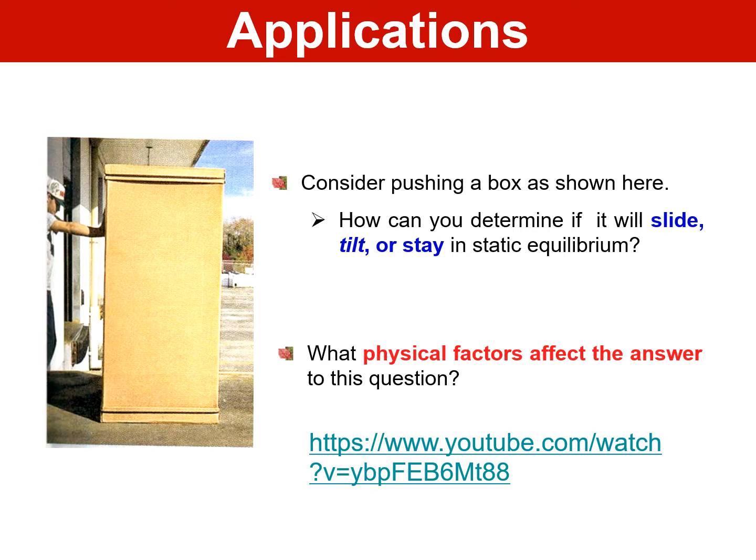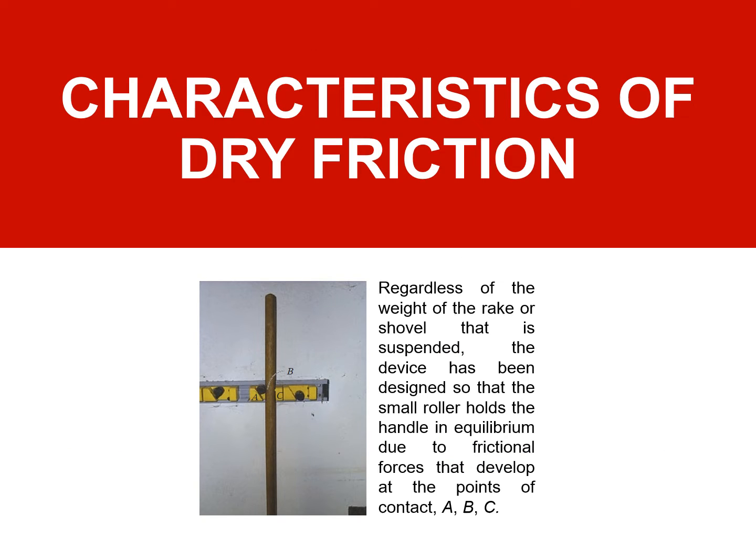I will later share with you the YouTube video in this link here. So what are the factors? You will see that there are several factors which affect the movement of this box. Characteristics of dry friction.